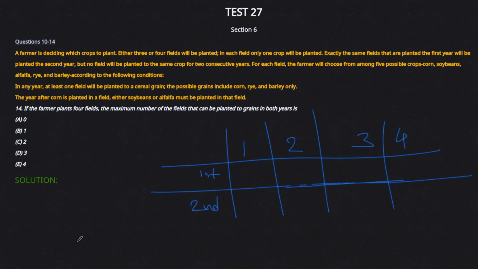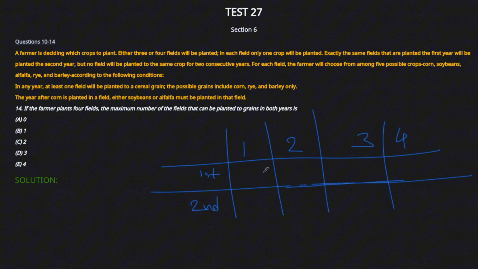Question number 14. If the farmer plants 4 fields, the maximum number of fields that can be planted to grains in both years is... This one is quite obvious because we can plant as many cereal grains as possible.